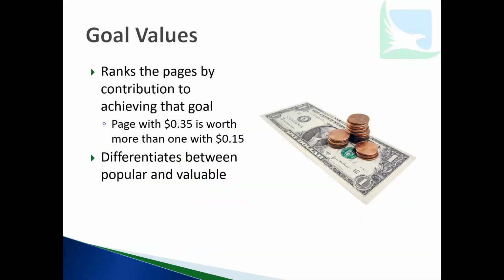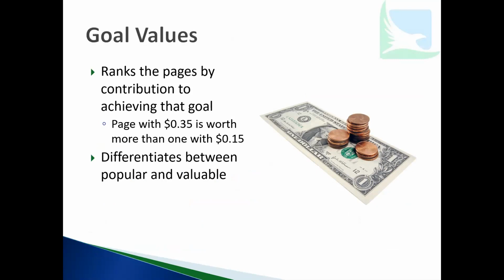But there's something in Google Analytics called goal values. This was originally built for e-commerce sites, but you don't have to be an e-commerce site to use it. So what I do is I put a $1 value on every single goal. And Google is then able to take that and tell you what each page's contribution is to achieving the goal.